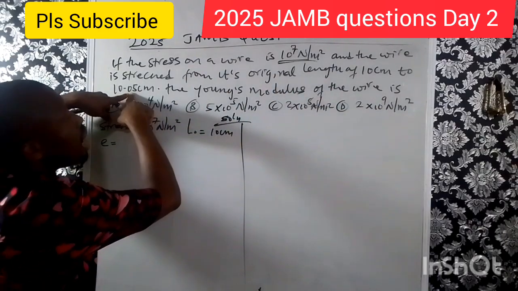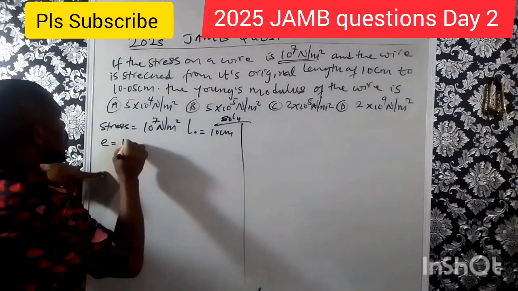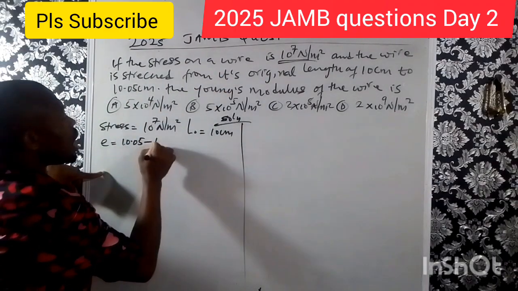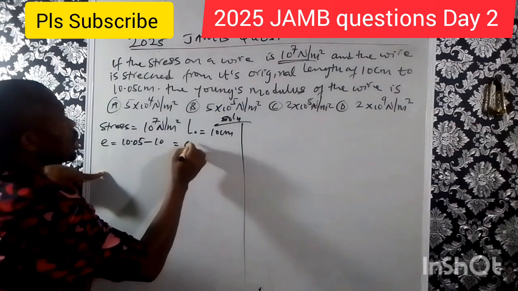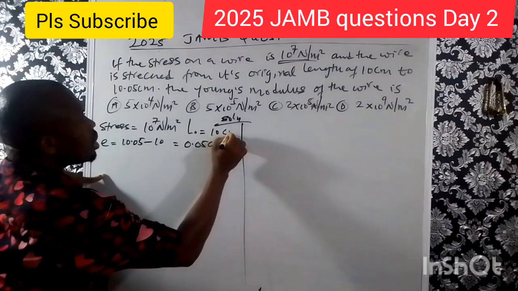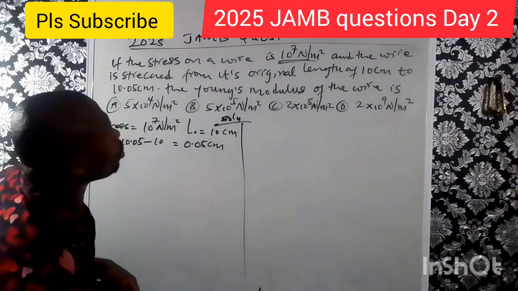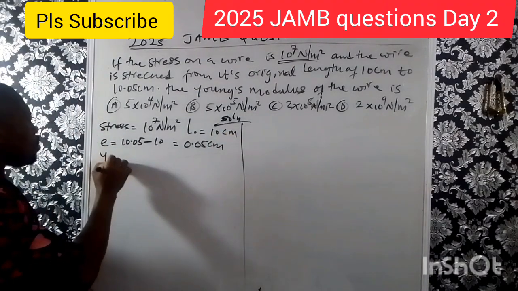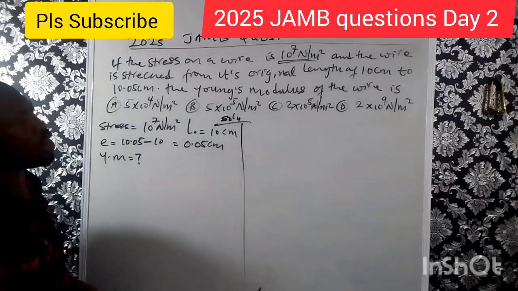This is the final, 10.05, minus the original length, which will give us 0.05 centimeter. Remember, all these things are in cm. The Young's modulus is what you're looking for.